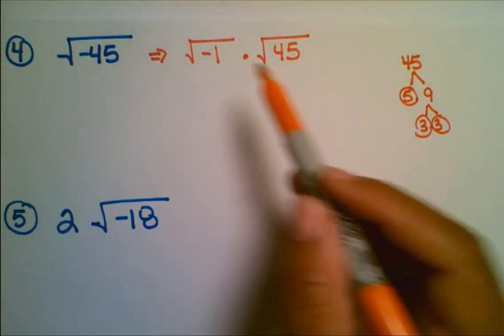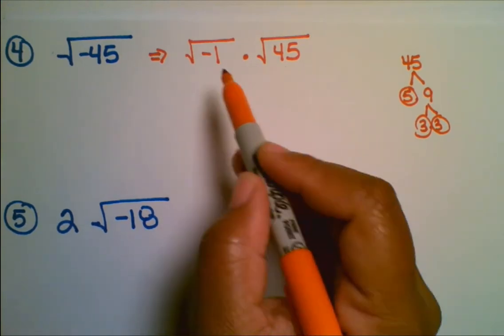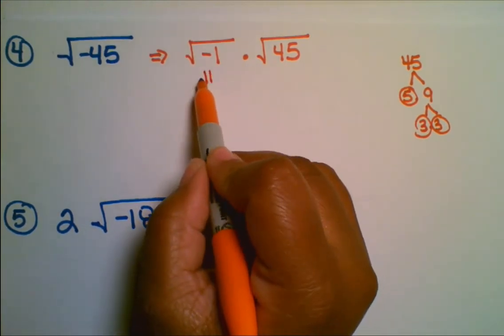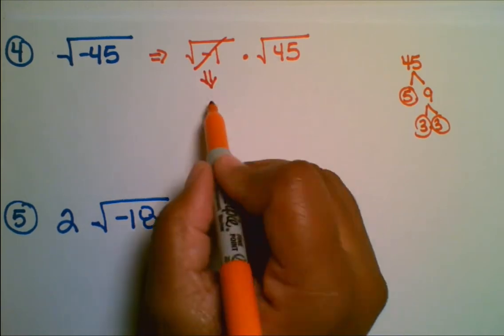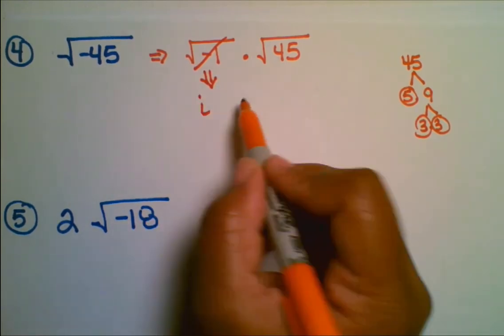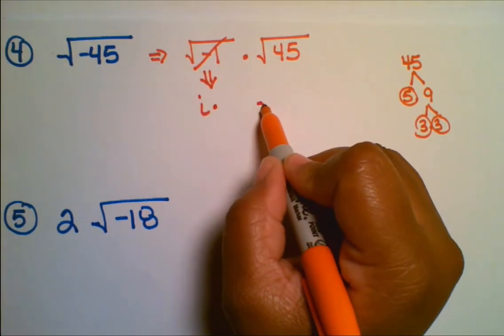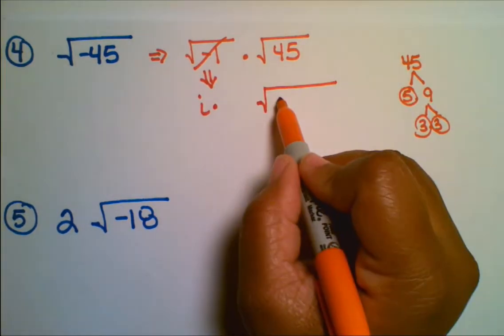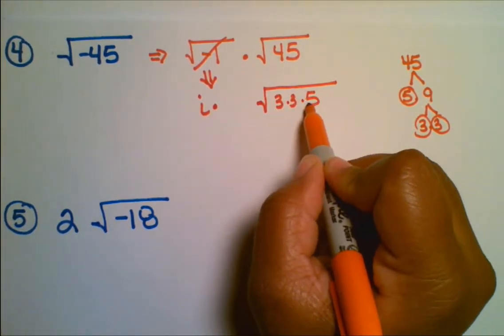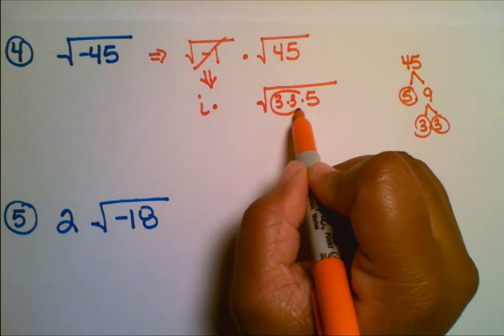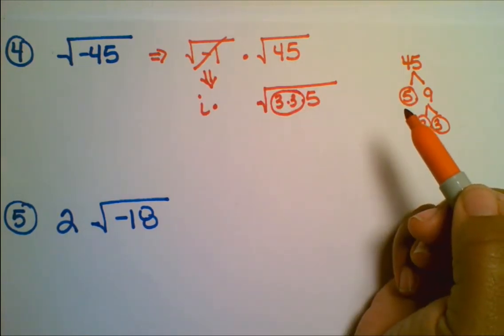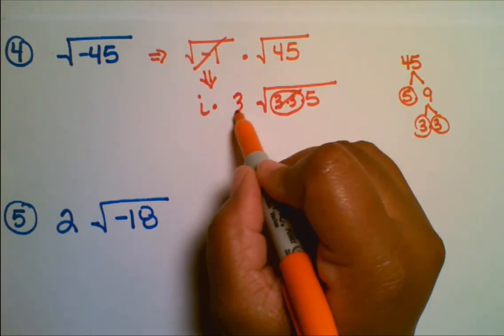So let's look at each factor now. The square root of negative 1 is i, and let's write the prime factors of 45: 3 times 3 times 5. We have a pair of 3's. We're going to bring that on the outside.